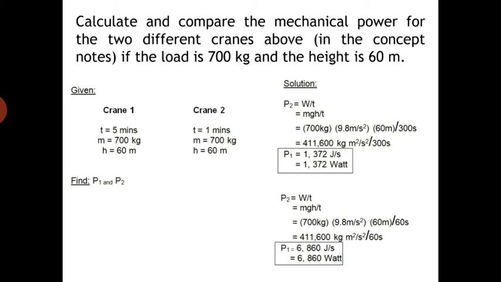For crane 2, same process. They just differ in the time. So here the time is 60 seconds. Combining, we will get 6,860 watts of power. In conclusion, which is more powerful?